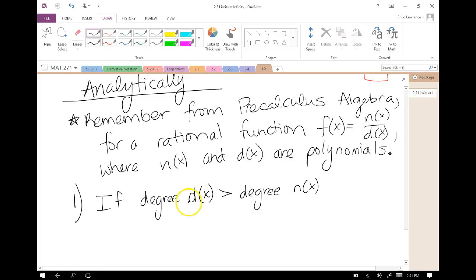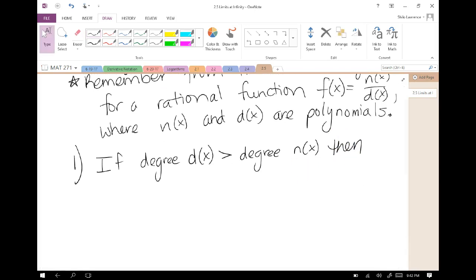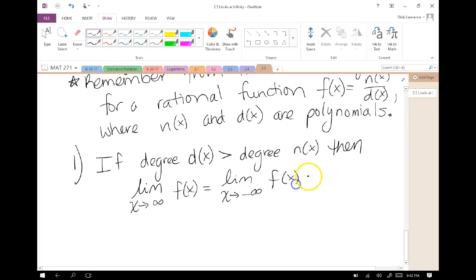Now, if the degree in the denominator is bigger, then your limits are going to be 0 from both directions. It doesn't matter whether you're approaching positive infinity or negative infinity, both of those limits are going to be 0.